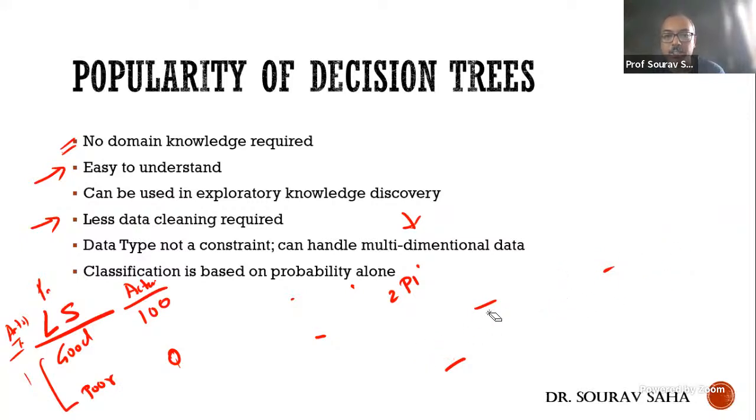And the formula for Gini index was 1 minus summation of pi squared, where pi is nothing but the proportion. Let me come to the case where you have a pure case like this.